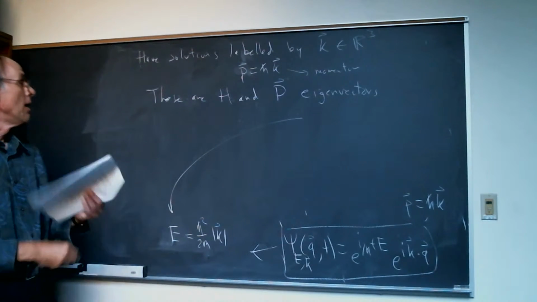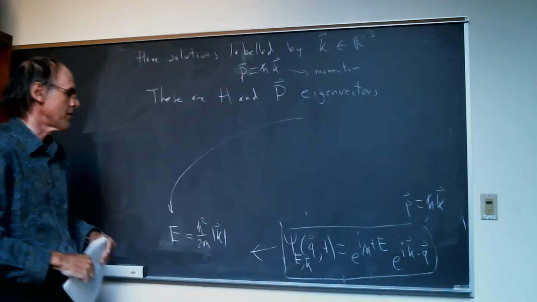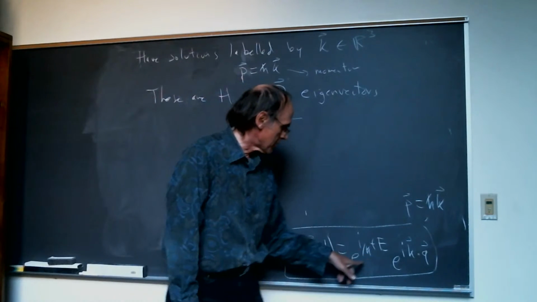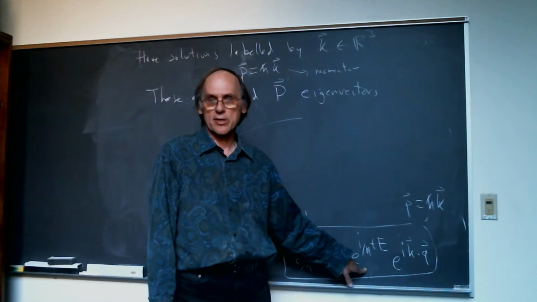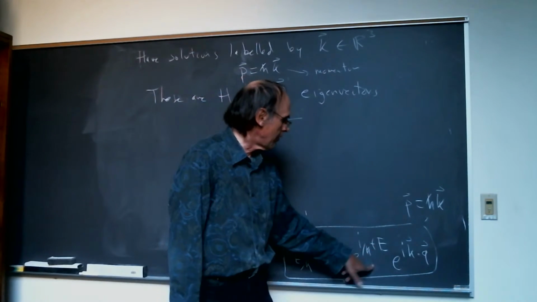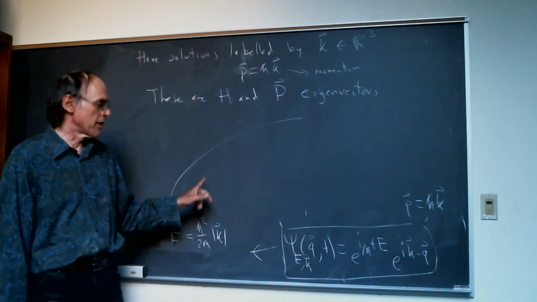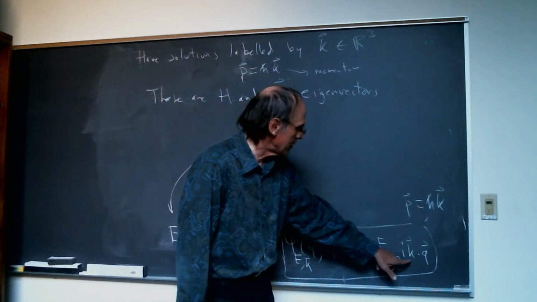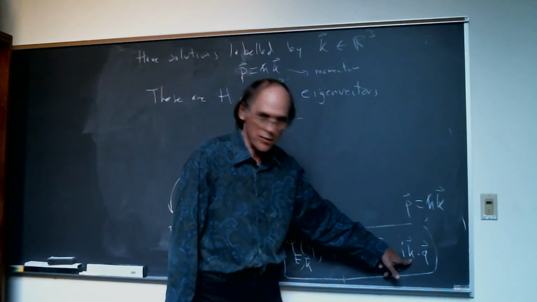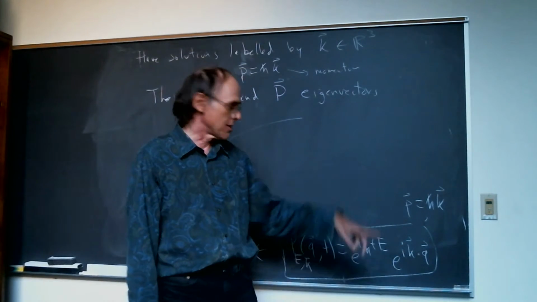And so I guess I better stop with this here now. What I've done is I've written out the one-dimensional solutions of the Schrodinger equation, and they really kind of correspond to finding the irreducible representations of the translation action.